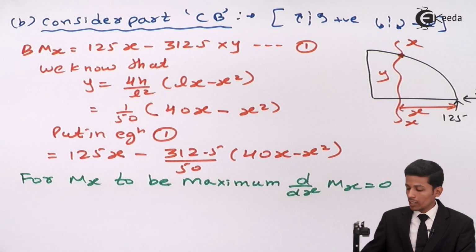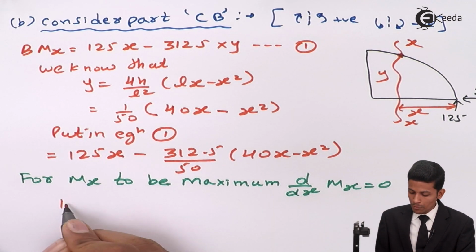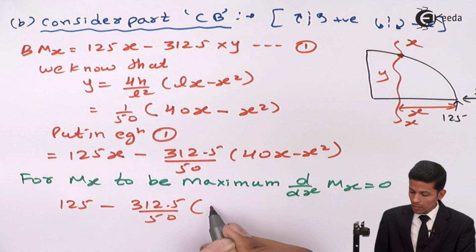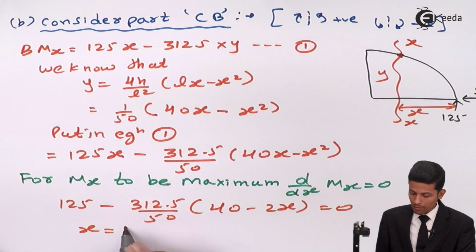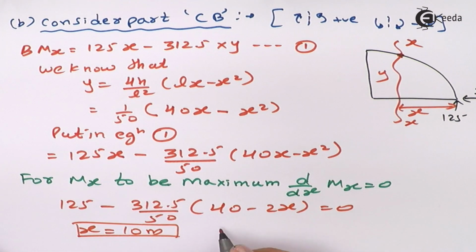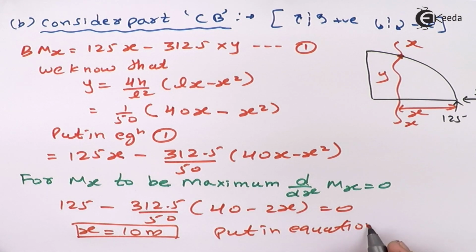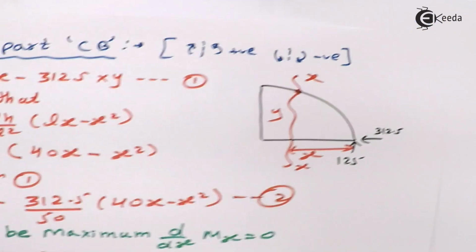So we have to differentiate once again. We have to differentiate this part. So it will come 125 minus 312.5 by 50 into 40 minus 2x is equal to 0. Here x value will come 10 meter. This is named as equation number 2. Put in equation number 2 now.